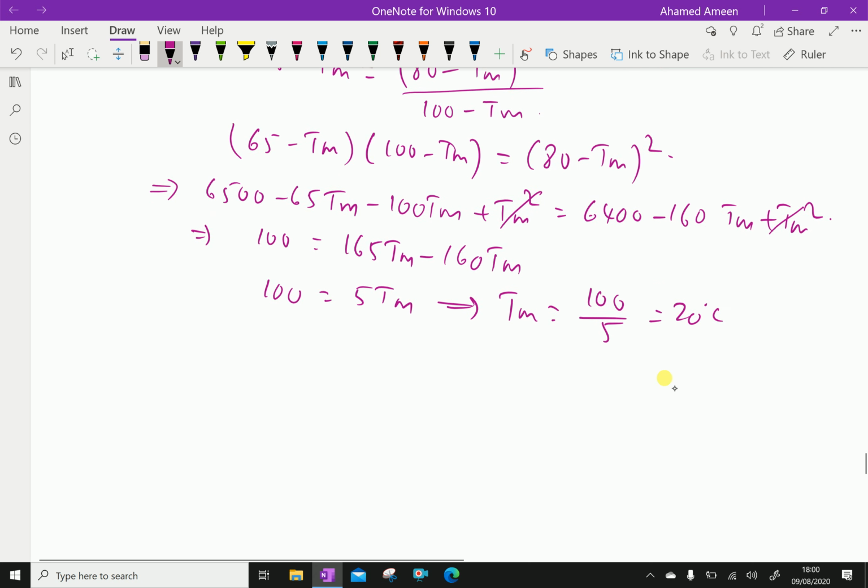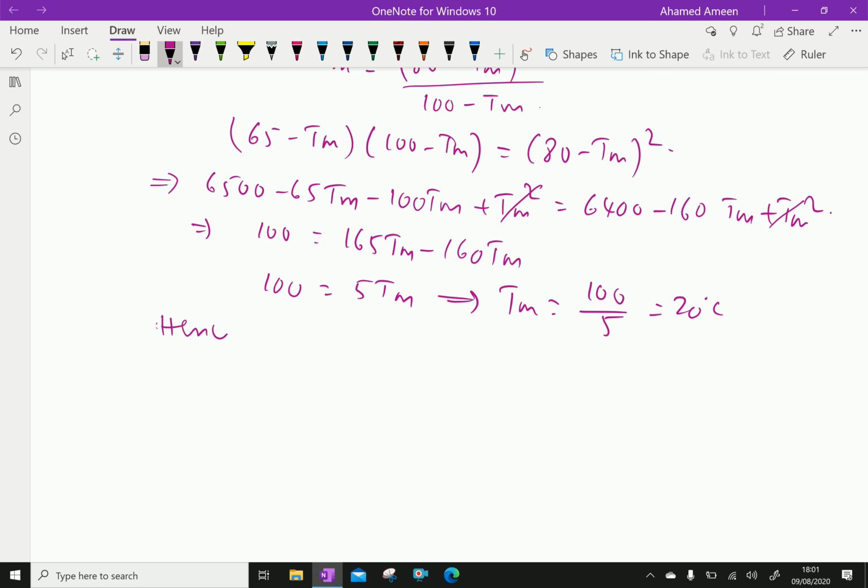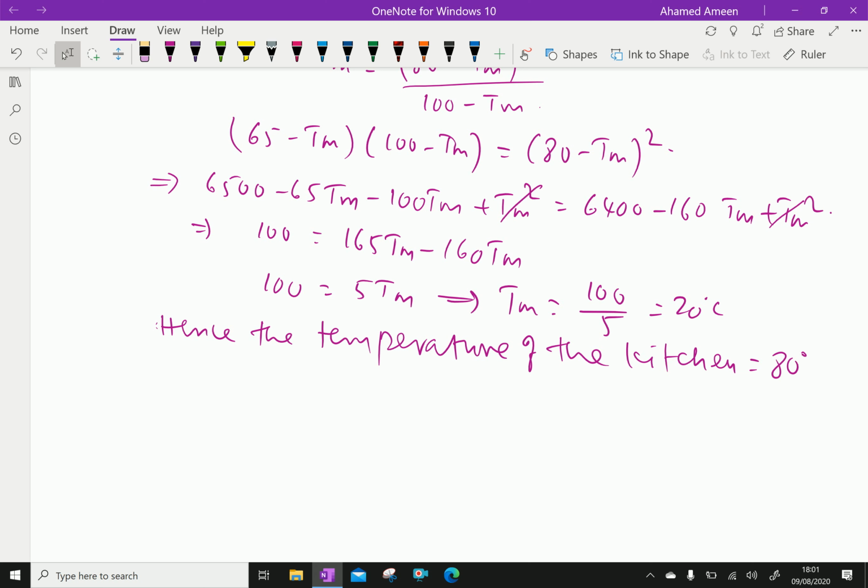Hence the temperature of the kitchen equals 20 degrees Celsius.